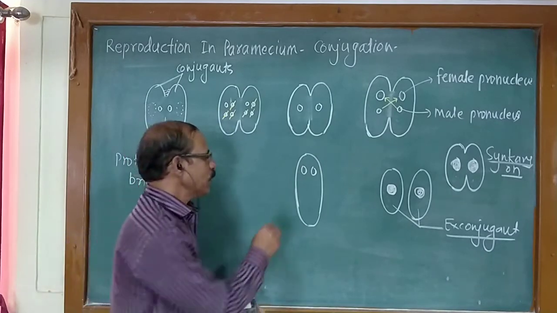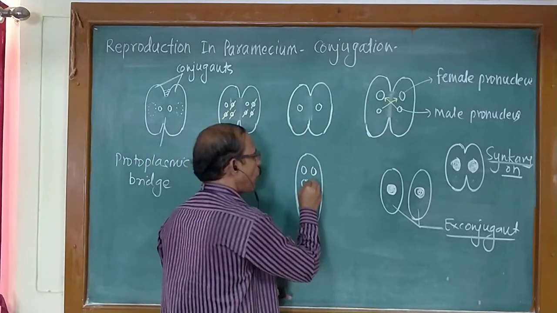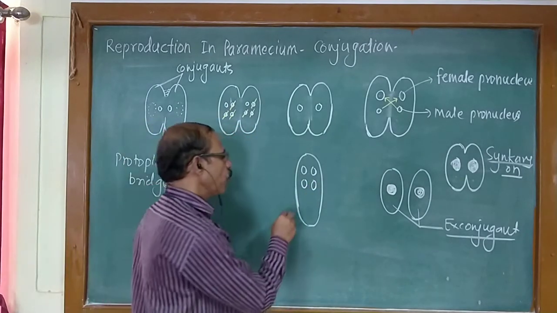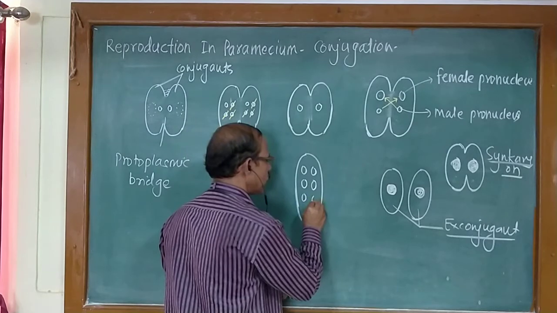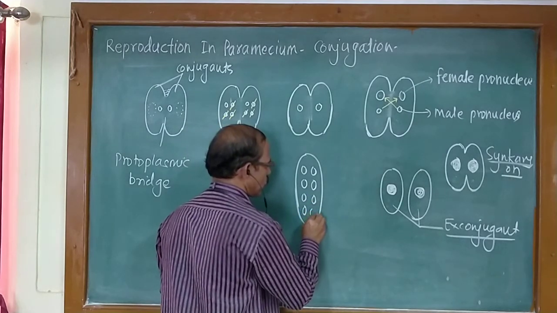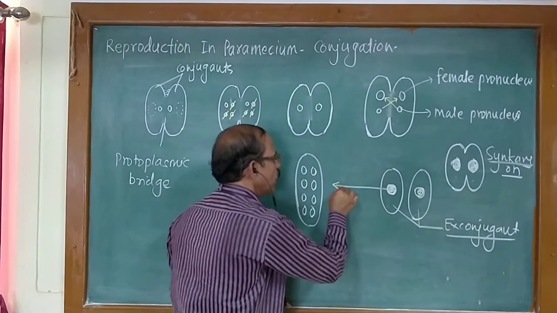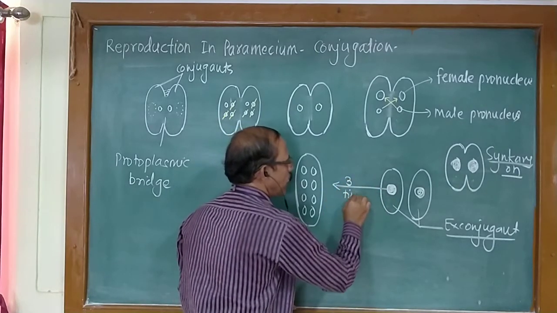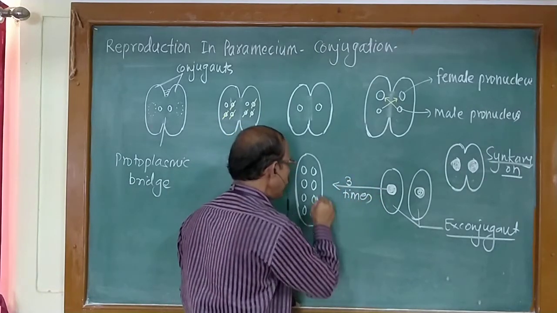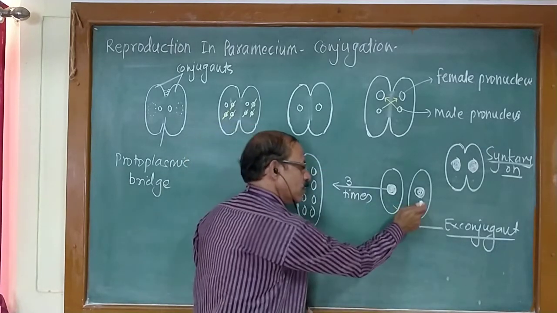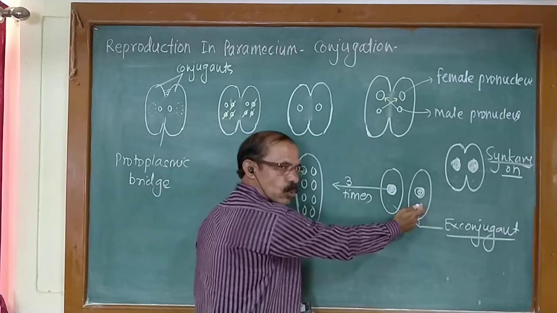During the second division, 4 nuclei are formed. And during the third division, 4 forms 8. Means what happens? This synkaryon divides 3 times, forming 8 nuclei.